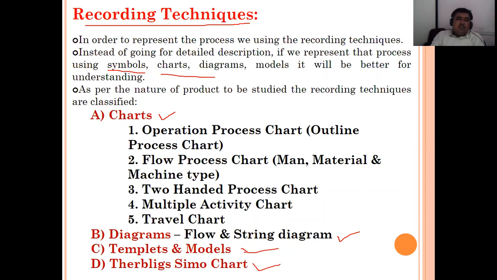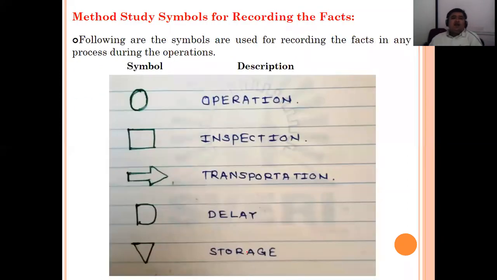In this, first we will go for symbols. What basic symbols are we using? These 5 symbols are the basic symbols. Whatever fact recording is there, from the symbols we use, these 5 symbols are very, very important.